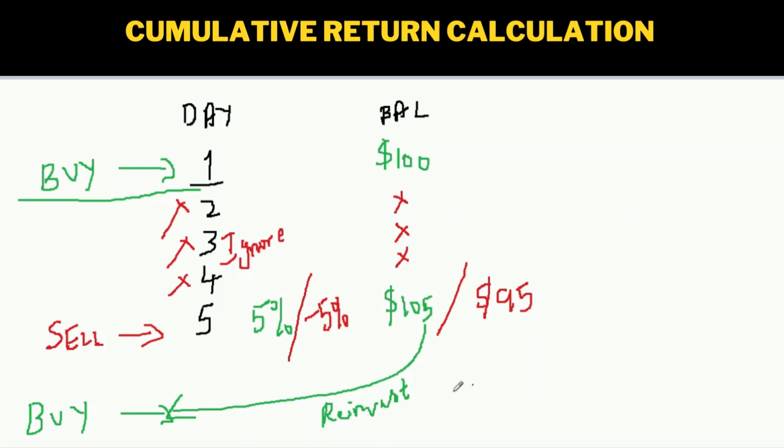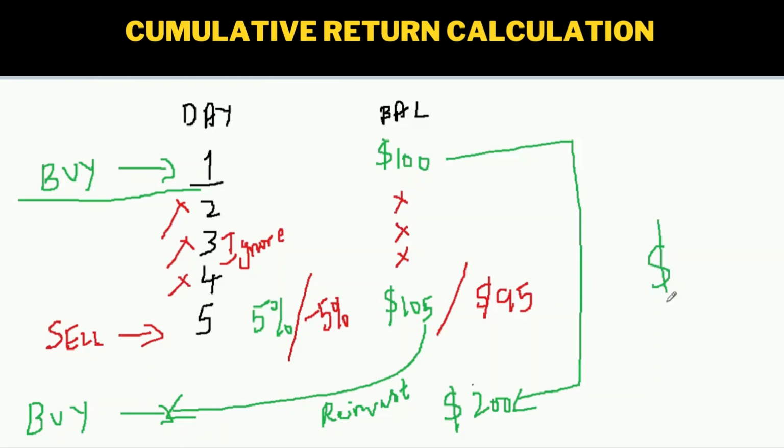Now, if you have followed this strategy, let's say for a year or 2 or 3 years, or even for a few months, and assuming your account balance becomes, let's say, $200, which means you started off with $100 and that has now become $200. So that's a return. Return should be in percentage. So that's a return of 100%. And this is also known as cumulative return.